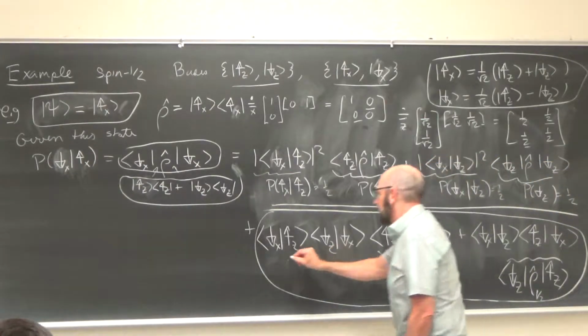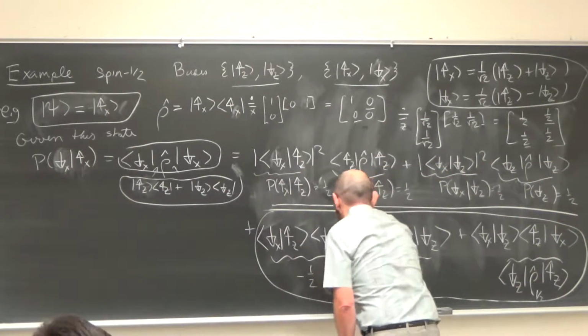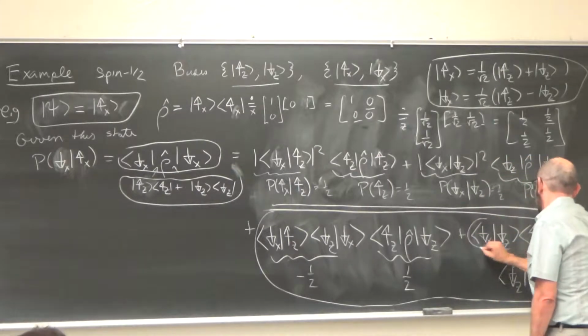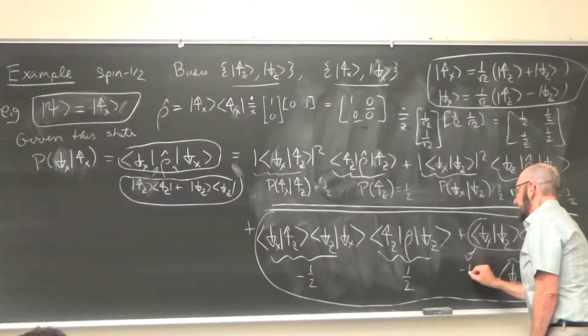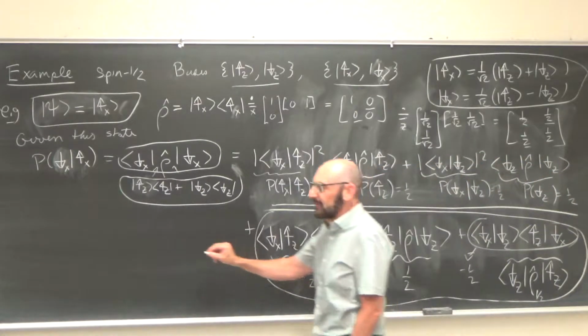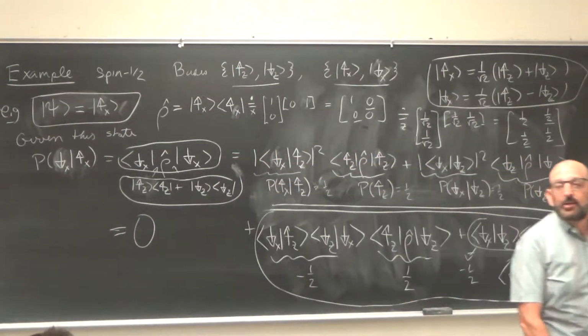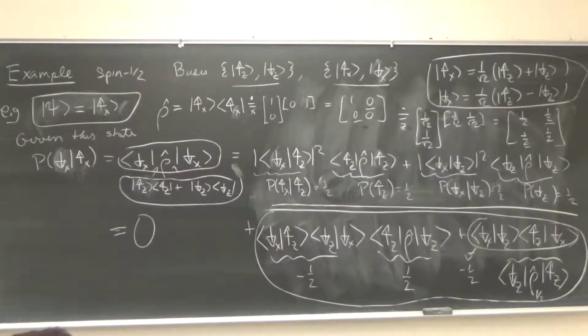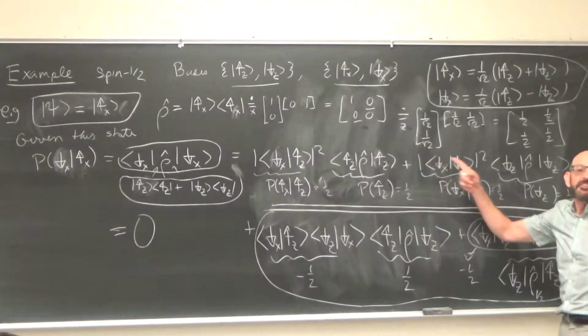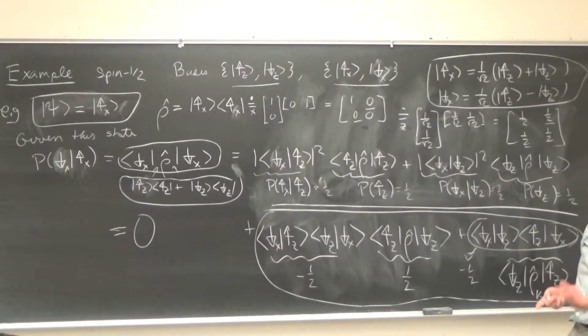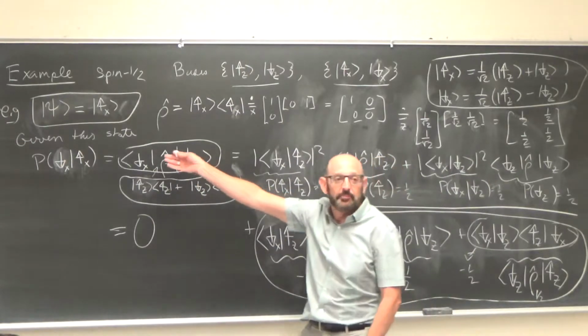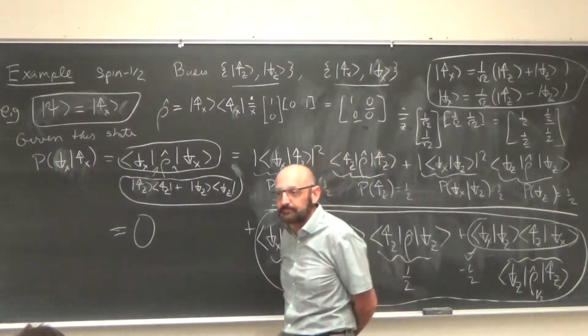But this is minus a half. And this is minus a half. And so the total probability, as expected, is 0. Which is to say that there is a destructive interference, quantum interference, between the alternatives up along z and down along z, such that this total probability outcome is 0. Okay?